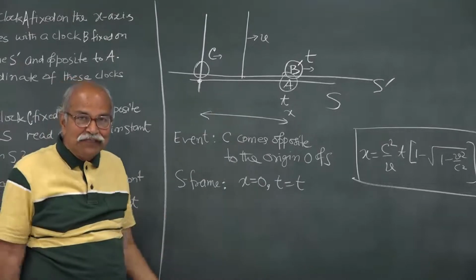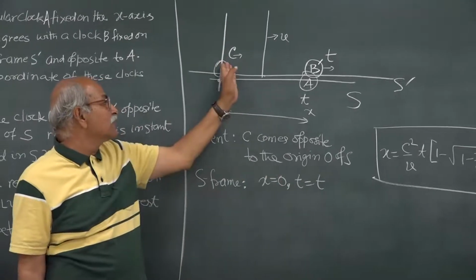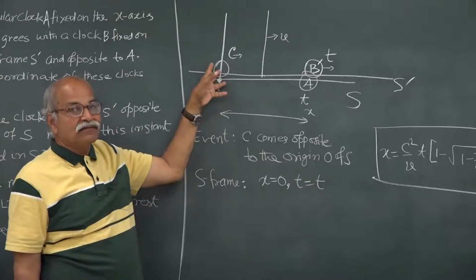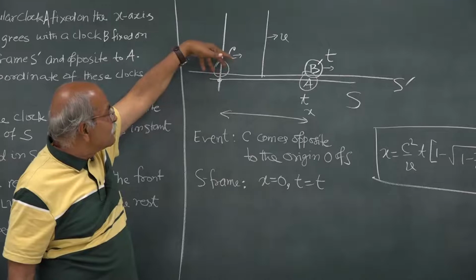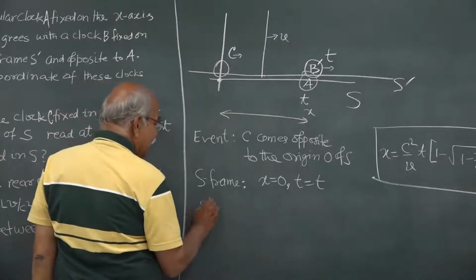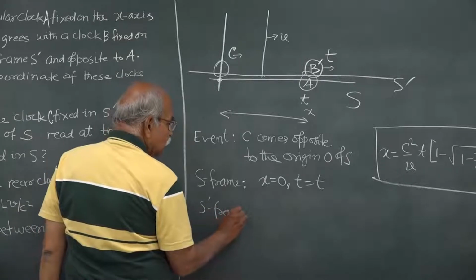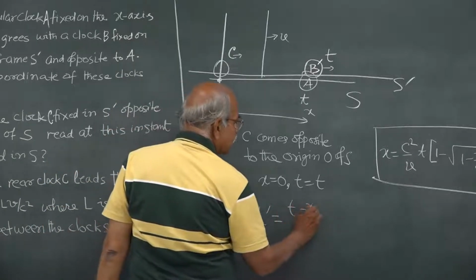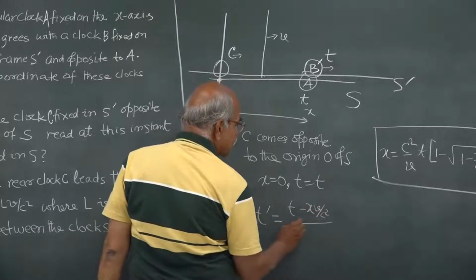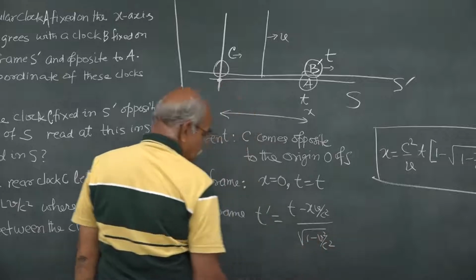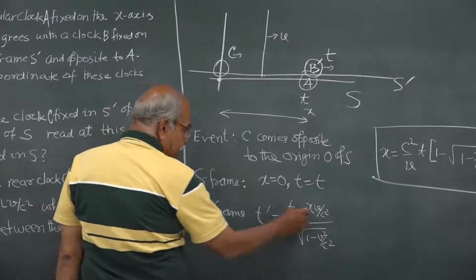So what should t prime be? What should this clock read? According to S prime, when did this event occur? That will be read by this clock, because this clock is here. So in S prime frame you will have t prime equal to t minus x v by c square, divided by square root of 1 minus v square by c square, and x is 0.